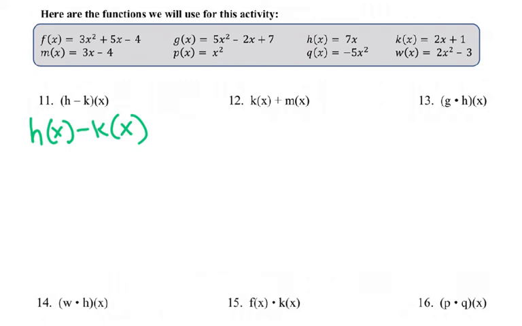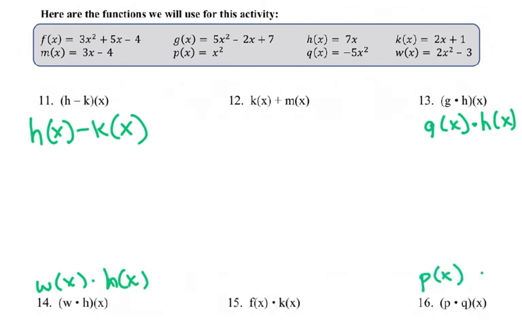And 13, this would be g of x times h of x. So just depending, it might be written differently. So 14 is going to be w of x times h of x. And same thing on 16. Okay, so go ahead and pause and come back and make sure you got the right answers.